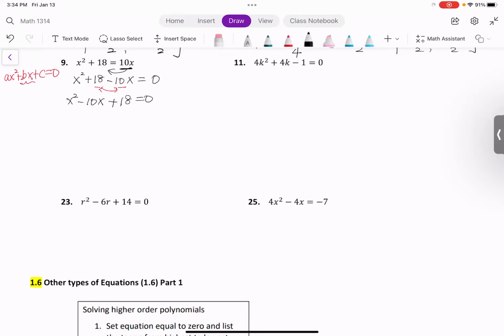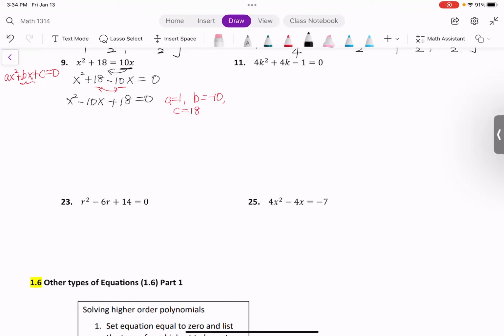Now we identify the ABC. Let's save some space. I can put the ABC here. A equals, let's use a different color, let's try the red. A equals 1, B equals -10, C equals 18.